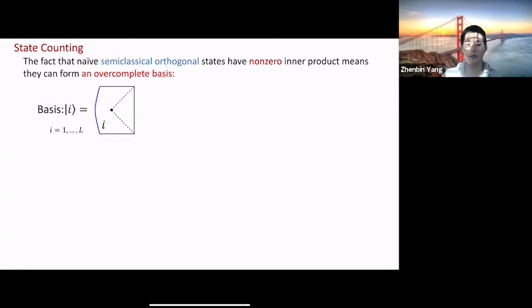For example, the dimension of the Hilbert space is a self-averaged quantity. It's just one number, so we can use the gravitational rule to calculate it.